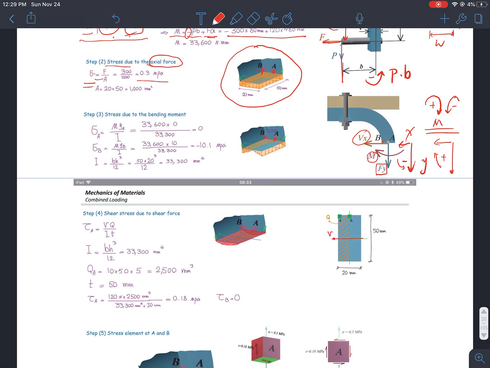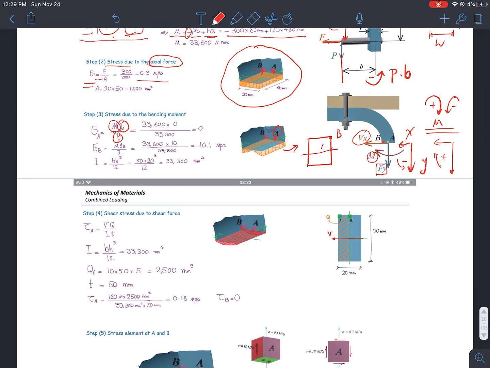How about the bending moment? For A, I have the moment multiplied by the distance, divided by the moment of inertia. Now, what is the distance between point A and the neutral axis? Let me flip it and let you see the cross section.